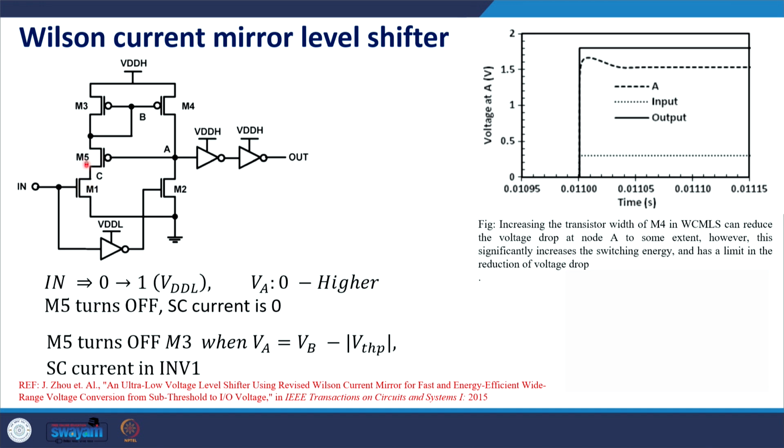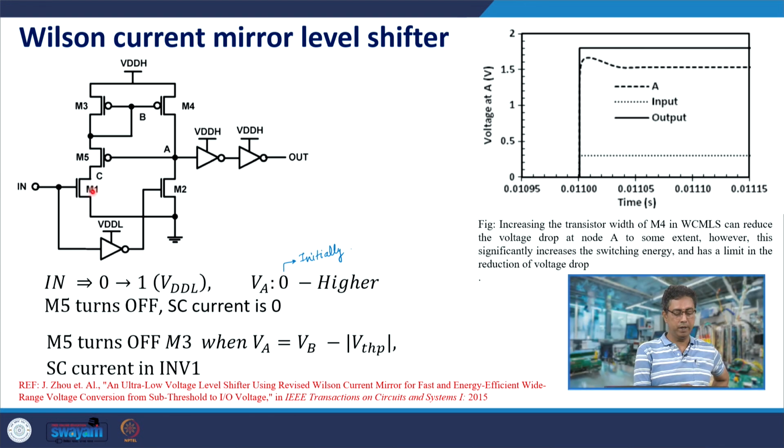M1 was off, M5 was on because A was 0 initially. Input is switching from 0 to 1, M5 is already on, and therefore, the current through M1 should also flow through M3, and that would reduce the value of VB, and that would increase the magnitude of VGS of M3, and therefore, the magnitude of VGS of M4 also.